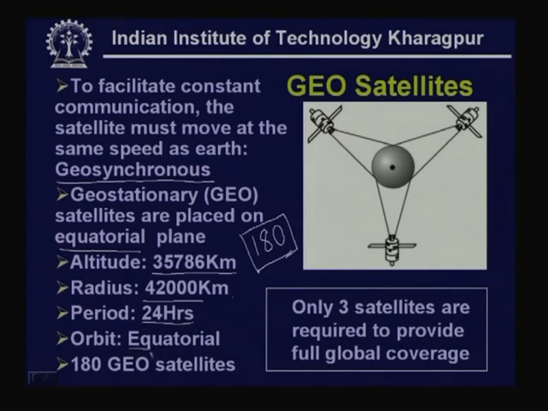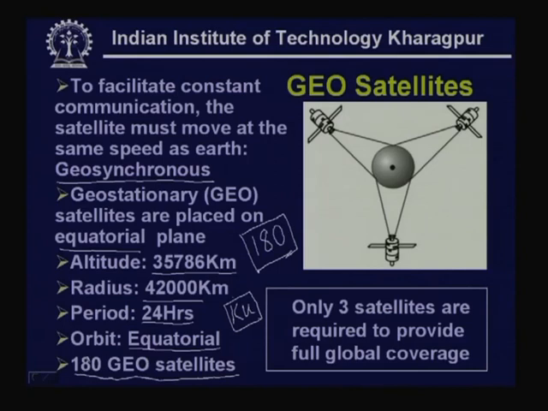And as I mentioned, the orbit is on the equatorial plane, and you can have at most 180 geosatellites based on the present day technology, whenever Ku band is used.